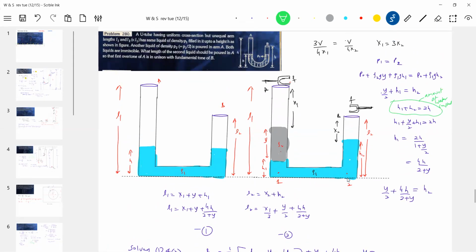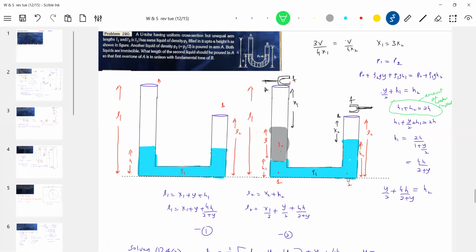Expression for h1 is dimensionally wrong, sir. h1 is equal to 4h, dimension is wrong. Yes, sir. Denominator 1 plus some distance value it can get.